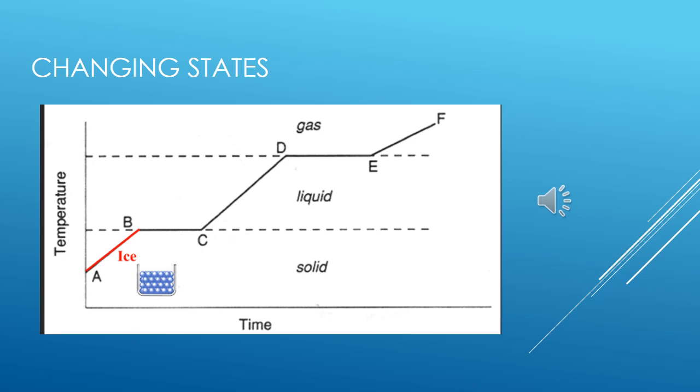So from B to C we have the melting point, and then the temperature starts increasing again as time moves on. And when we get to D, we get to the boiling point, and the same thing will happen again. Be aware that water will start evaporating before it gets to the boiling point. Water can evaporate as soon as it's a liquid.